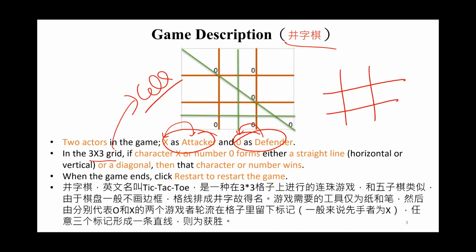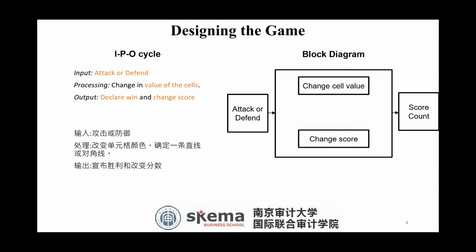The idea of winning a game in tic-tac-toe is achieving a horizontal, vertical, or diagonal match for either the attacker or the defender, something like this or something like this, to win. And once you win a game, you either keep track or you restart the game. So that's the basic game description.